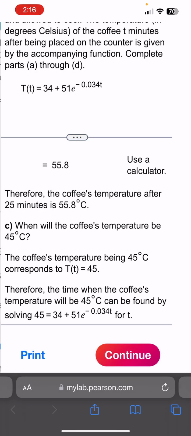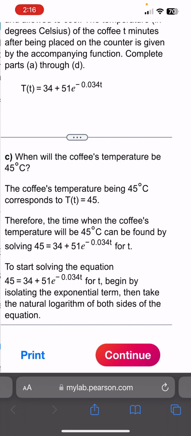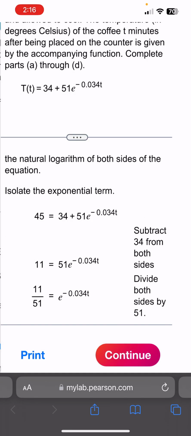And so with the view an example, it kind of explains it. It's just using the model that was given, right? So subtract the 34, divide by 51, and then we take the natural log and divide by that negative, and that'll give us the t. You can see it here. Subtract the 34, we got the 11, divide by 51.